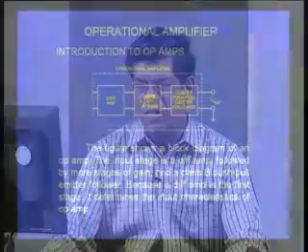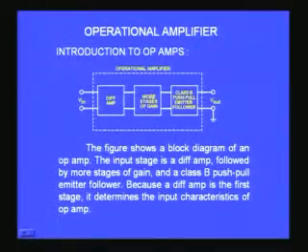Then you go for a differential amplifier, which again looks only for the difference in signals, and therefore it will eliminate the common DC signals from coming from one stage to the other. So you have a differential amplifier as the first stage, and you can have some additional stages of gain, and finally you have a class B push pull emitter follower drive circuit for driving the loads across the amplifier. So this is a general block diagram.